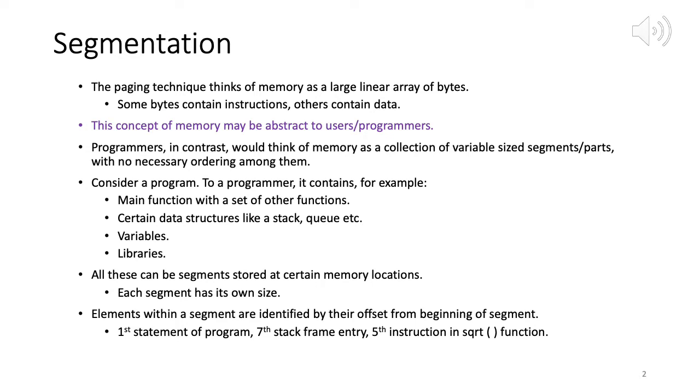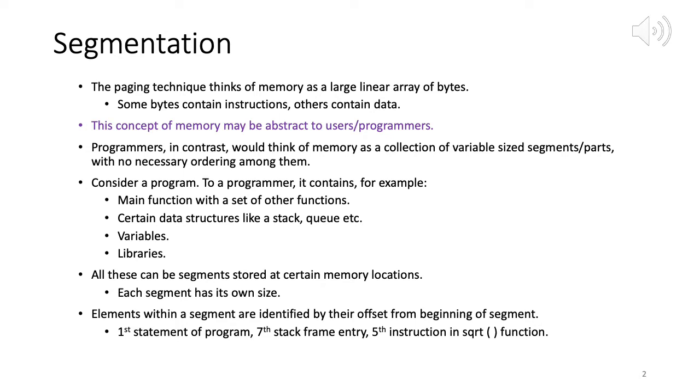Okay, now I am on slide 2, and now we start our discussion on segmentation. The idea here is that we divide the memory requirements of a program into variable sized segments. Up till now, which techniques have we discussed for memory management?